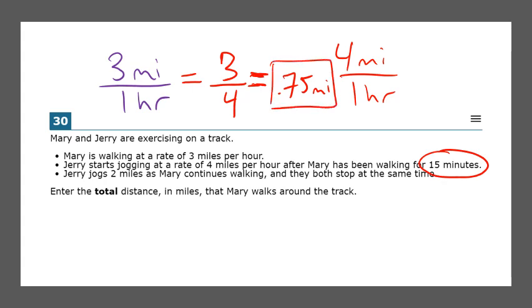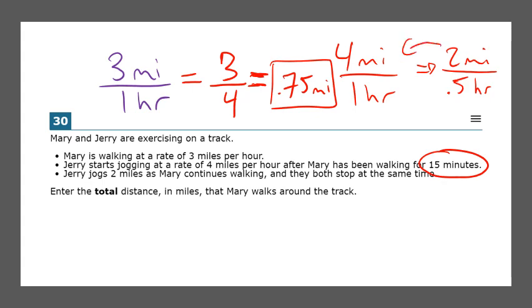Now with that being said, that's not all she walks. The next thing says that Jerry jogs 2 miles as Mary continues walking. So if Jerry runs 2 miles, that means that he's been running, using his ratio, about half of an hour. So he runs about 0.5 hours for 2 miles. Just using that ratio, that's the way that I was able to work backwards.